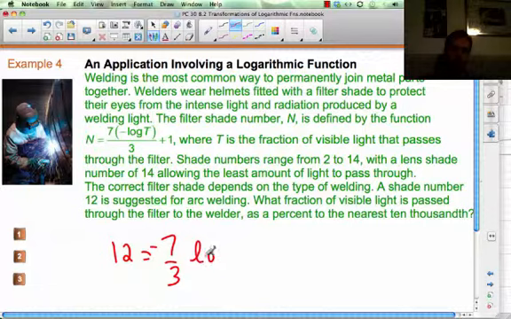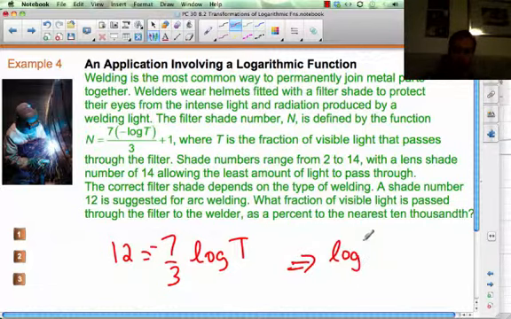Here it is. Now this looks like log t. Since it's not stated explicitly here, this base is 10. So multiply by 3, divide by 7, and negative on the other side as well. So this turns into log t, I'm just going to move it to this side, equals negative 12 times 3 is 36.